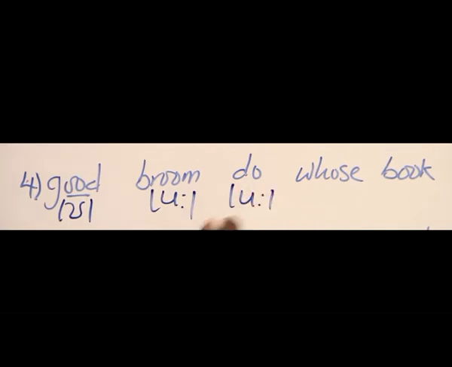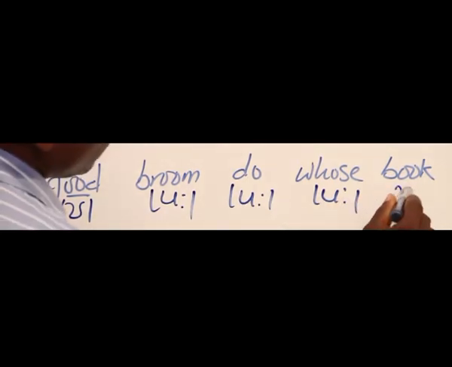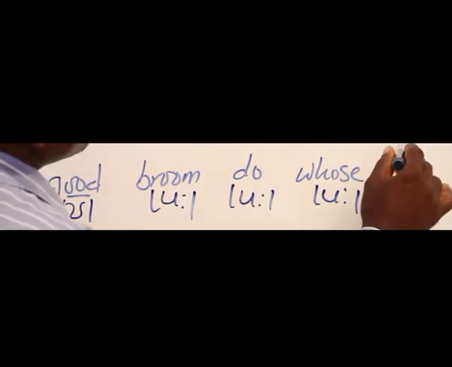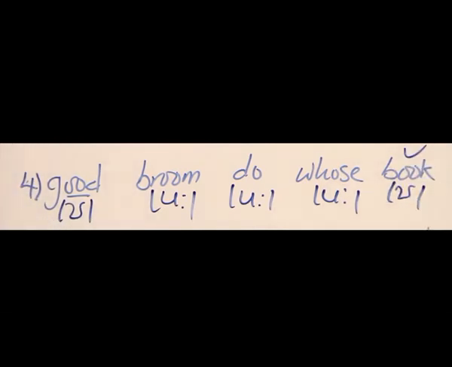So we'll have the long one here, and then in the word whose, we also have the long one. Our answer therefore becomes book, that has the short one. So the answer to question number 4 is D, book.